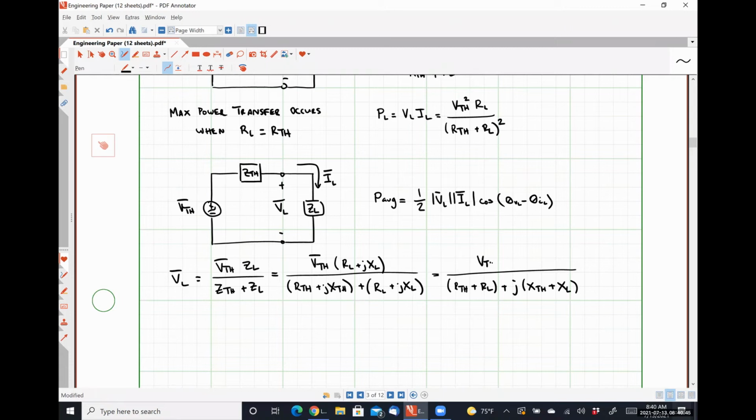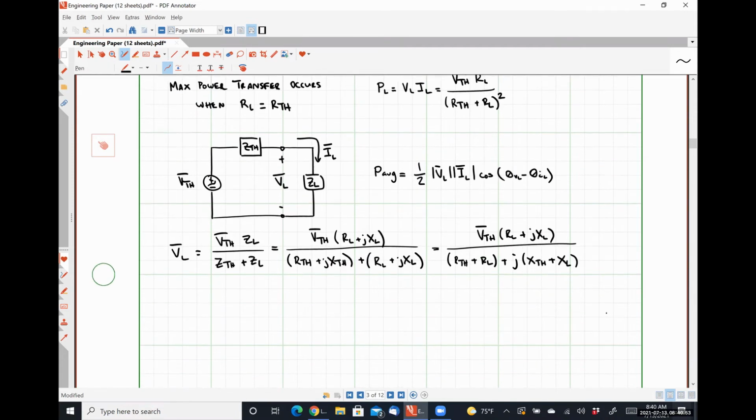And my numerator is going to be VTH phasor times RL plus jXL. So if I want to take the magnitude of this guy, we hopefully have enough experience with complex numbers that what I'm about to tell you will make sense, okay?